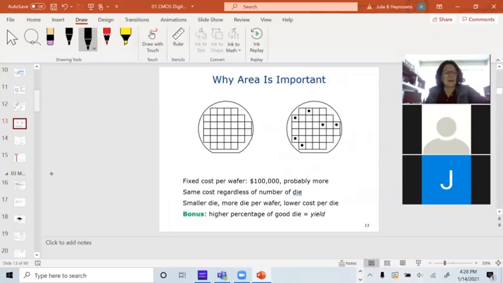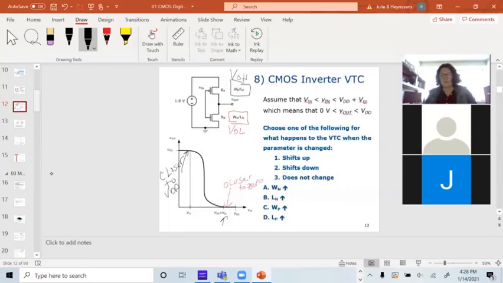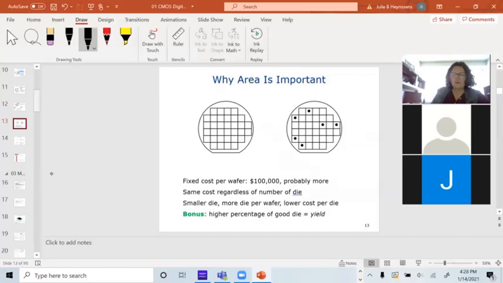It sounds like what we want to do here, if we want ideal performance, is make W huge, both WP and WN huge, and I get better performance. The trade-off is I make the W's huge, I make these squares bigger, and I'm going to have fewer devices that I can sell.